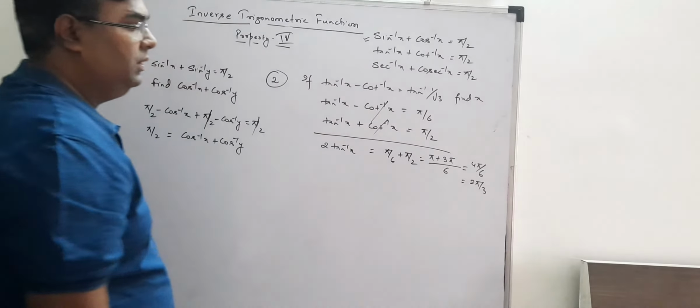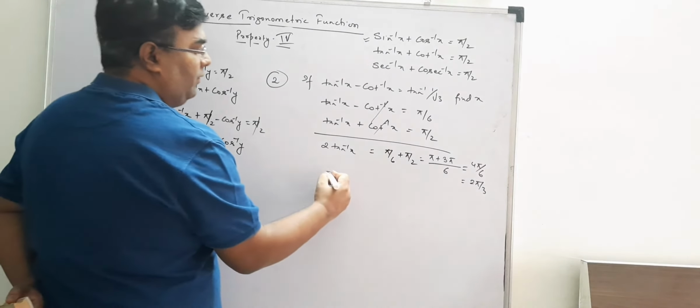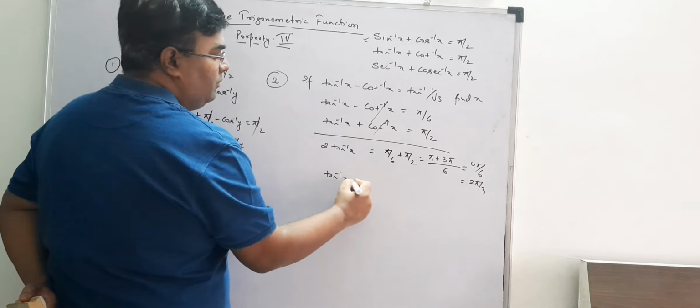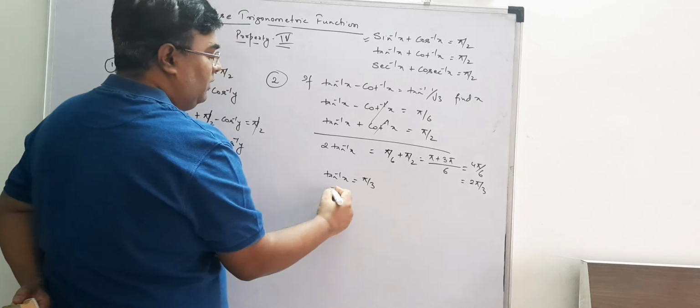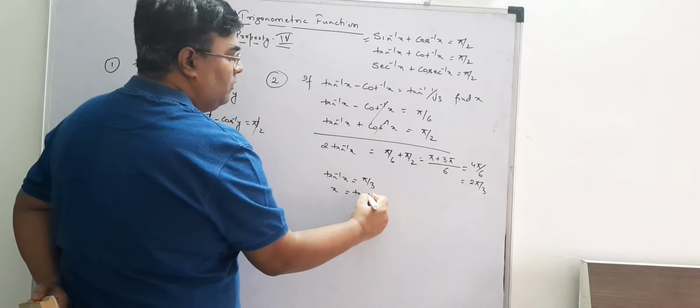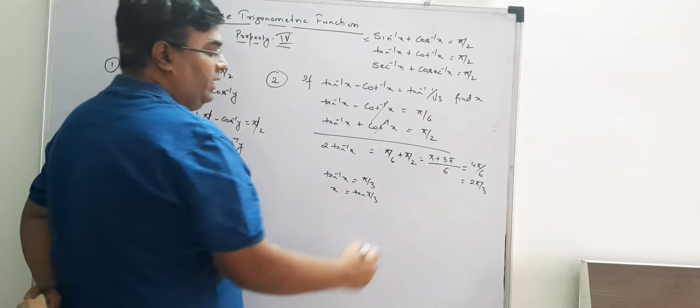Correct? So 2 tan inverse x is equal to 2 pi by 3. So tan inverse x will be equal to, 2 will get cancelled, pi by 3, and so x is equal to what? Tan pi by 3. Pi by 3 is 60 degrees.